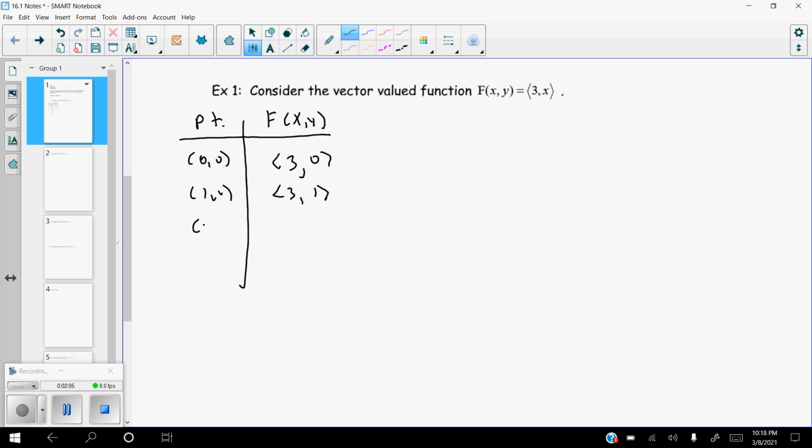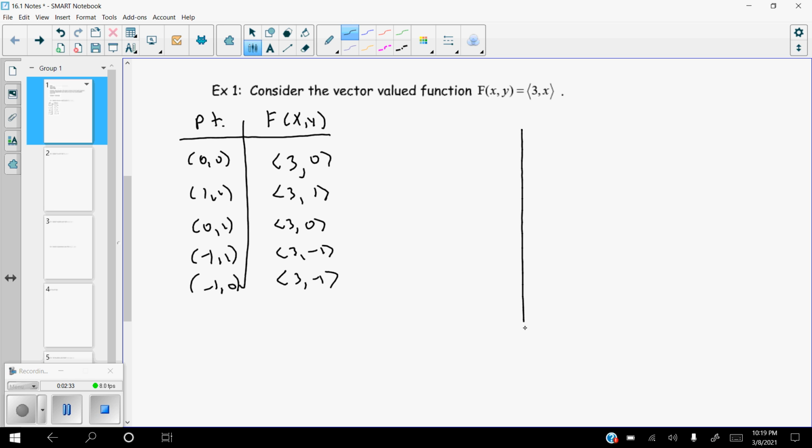If I take the point 0, 1, then the vector is 3, 0, and so on. I'll do a couple more: negative 1, 1 would be 3, negative 1, and negative 1, 0 is also 3, negative 1. So again, it's just 3, comma, whatever the x value at that point is.